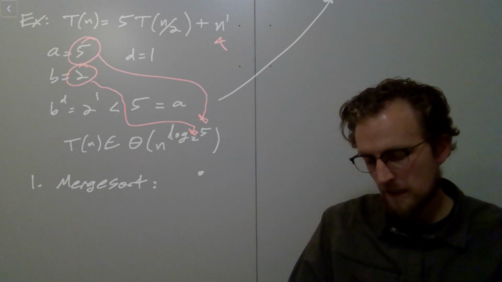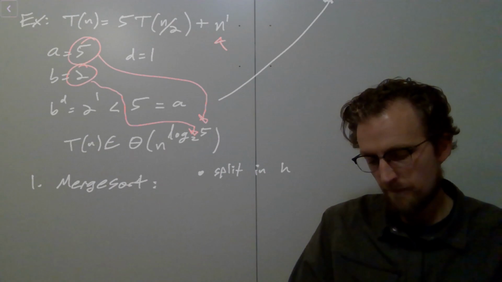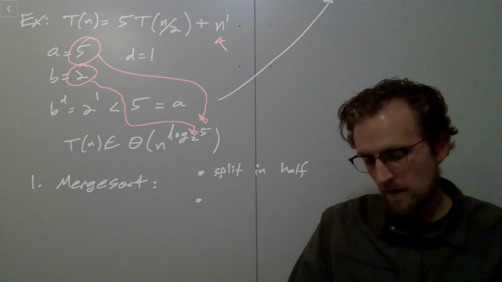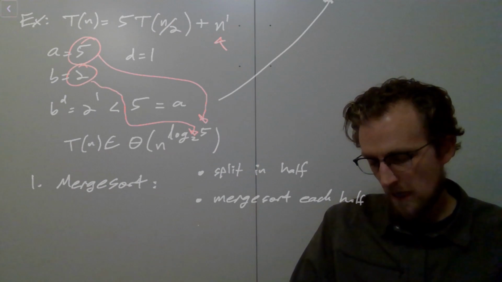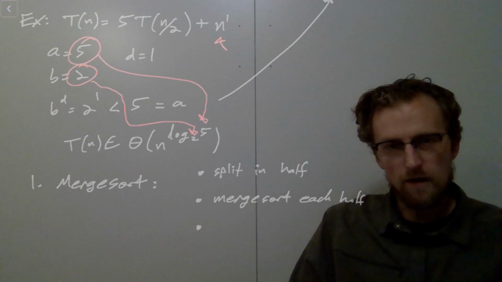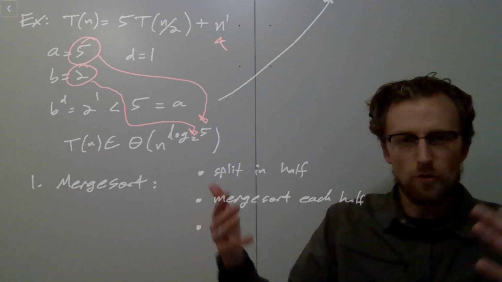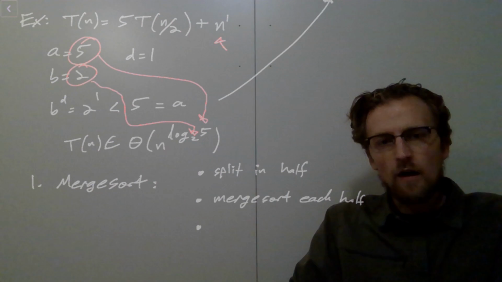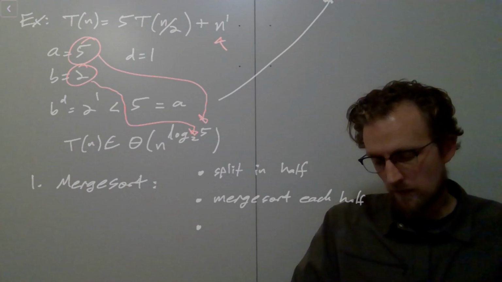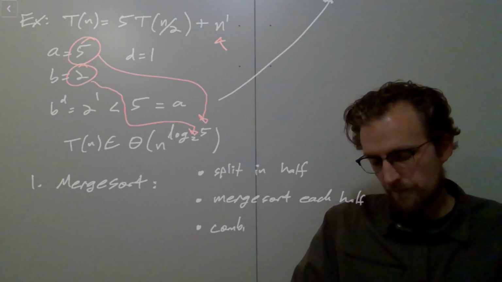Well, merge sort says first split in half, then merge sort each half, and then you take your merge function, which takes two sorted arrays and weaves them back together, and you use that to solve the problem. So then combine using merge.